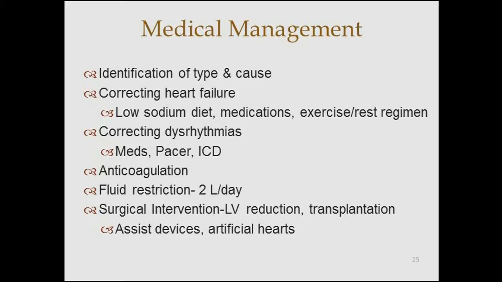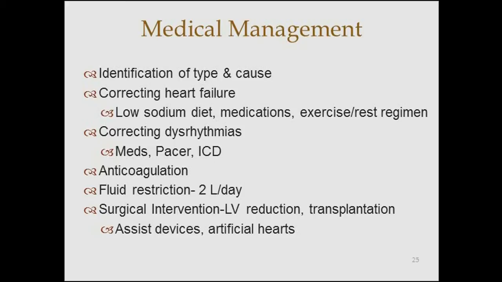One of them is called an LV reduction, or a left ventricular reduction, where they actually will go in, similar procedure to a CABG, but instead of bypassing those coronary arteries, they just resect out a wedge or a section of the left ventricle that is enlarged or hypertrophic.